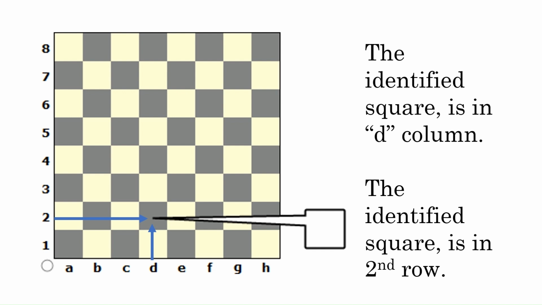Yes, the identified square is in D column and it is in the second row.